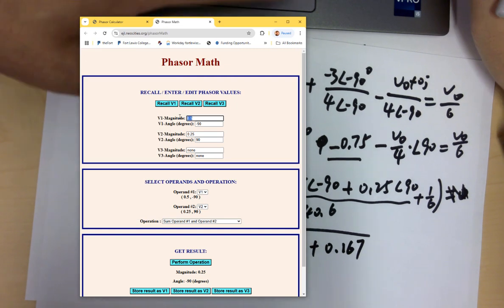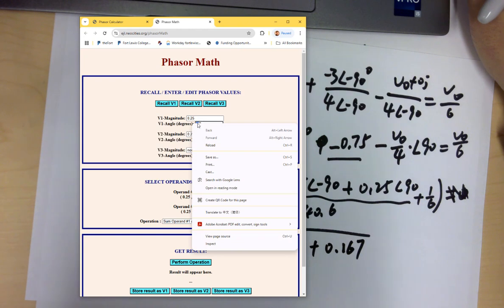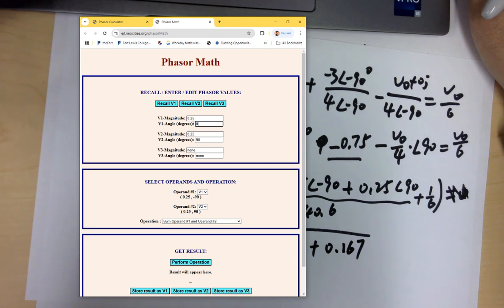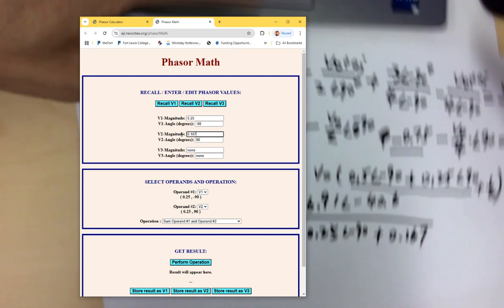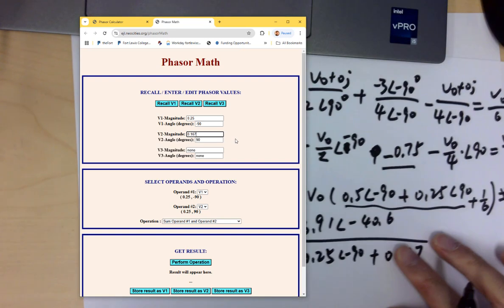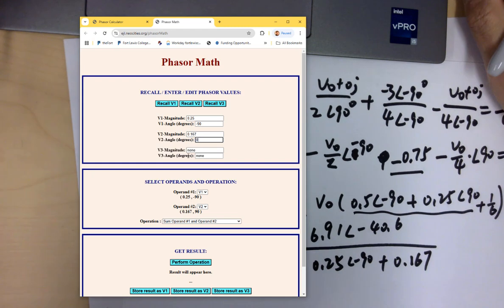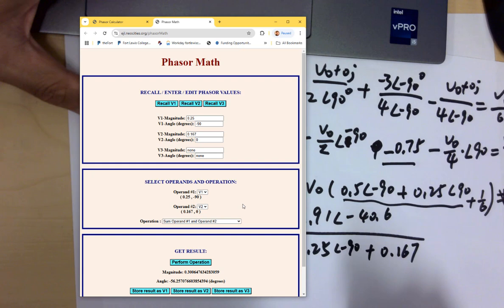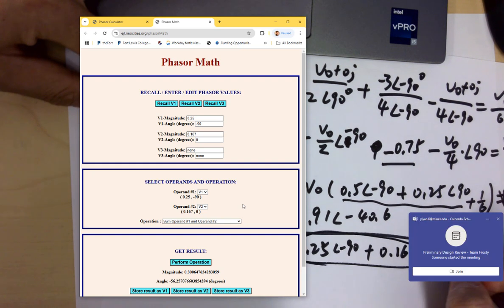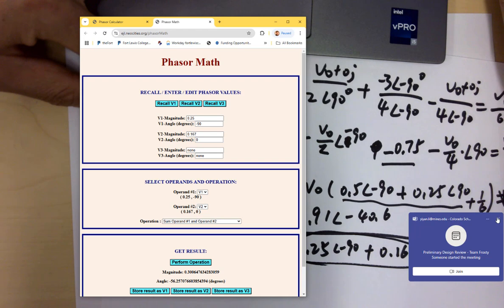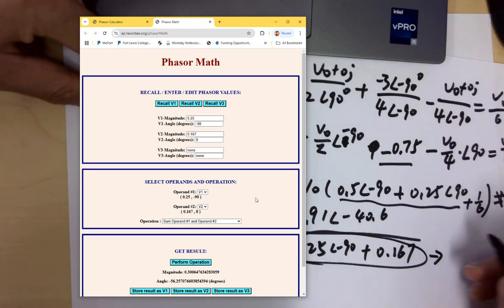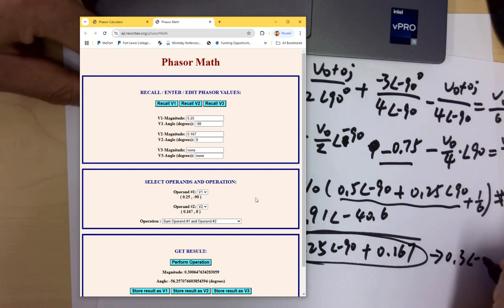So this becomes 0.25, minus 90, with 0.167, and angle is 0, and do a sum, so we're getting the whole thing here becomes 0.3, angle is minus 56.26 degrees.